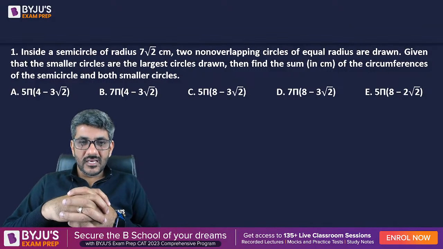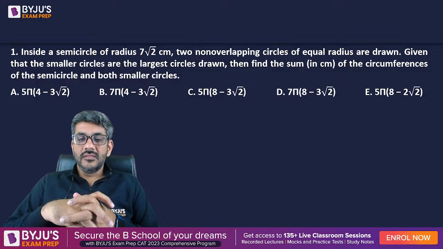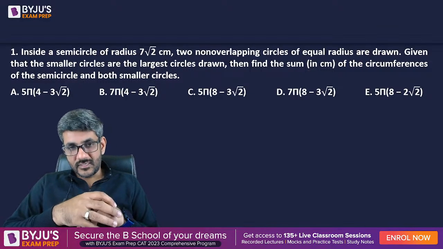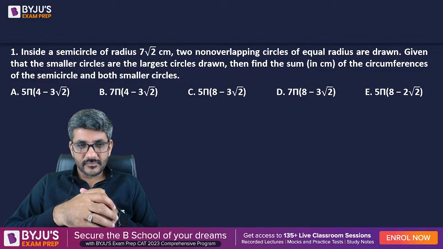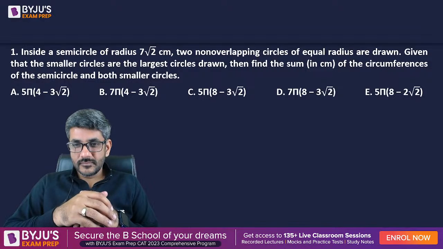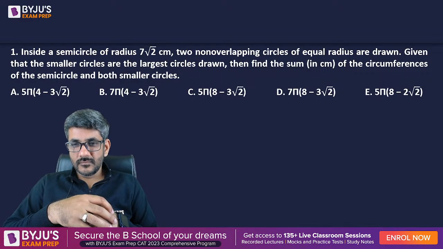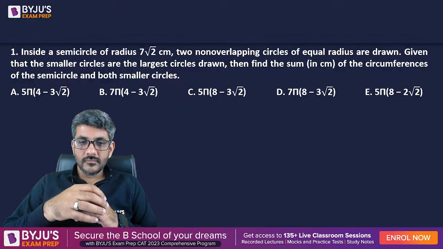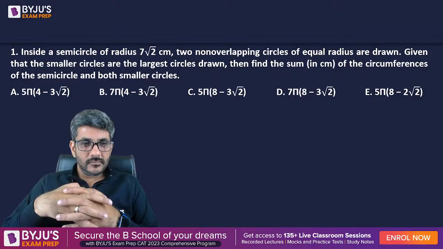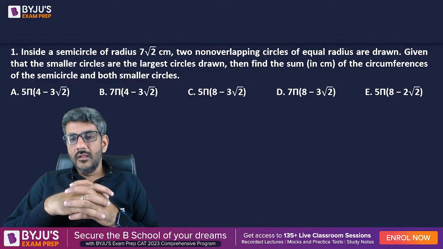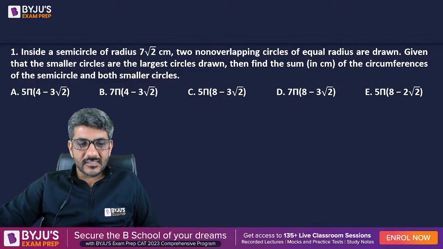Given that the smaller circles are the largest circles drawn, then find the sum of the circumferences of the semicircle and both of the smaller circles. I would like to see some answers before I start discussing the question.